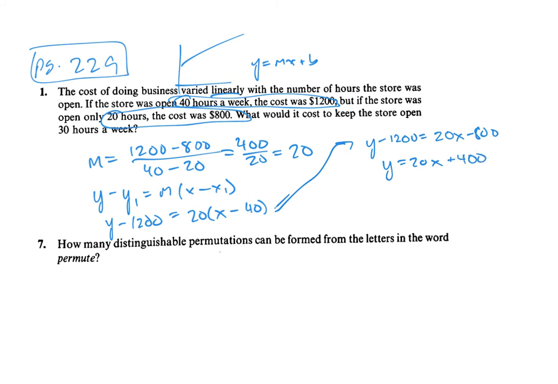And there's my equation. The last step is to look at your new hours that we haven't been using yet, the 30 hours a week, plug it in for x, and find the cost that's associated with it. And I get a cost of $1,000.